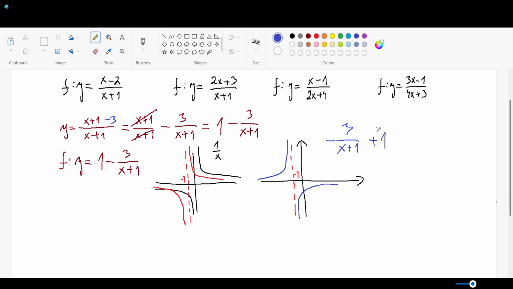Okay, adding number 1 would mean that all the values of our function being drawn in blue will have each value of the y-axis plus 1, but basically the most important thing is that this addition of number 1 would mean that our horizontal asymptote, which is now identical with the x-axis, will move 1 unit up.